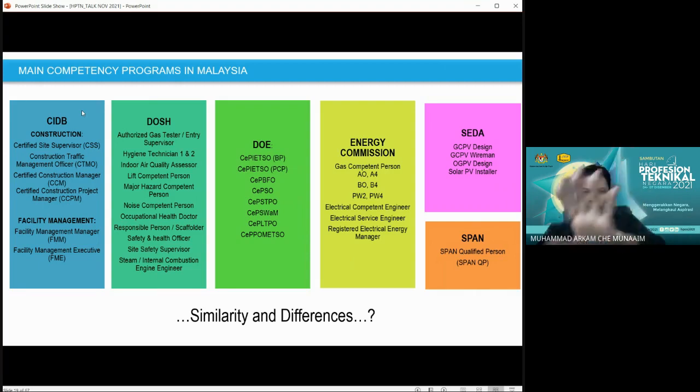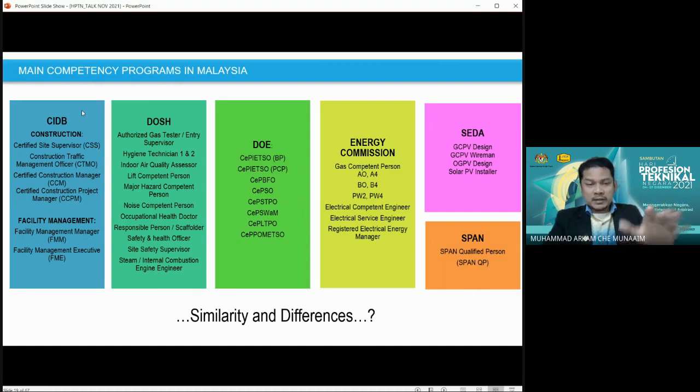So all of this is actually the landscape of competency training in Malaysia from those agencies. There are many more. I can say Telekom Malaysia also has their own thing. Maybe MCMC as well. Other agencies have their own regulatory body, their own standards, as well as acts.